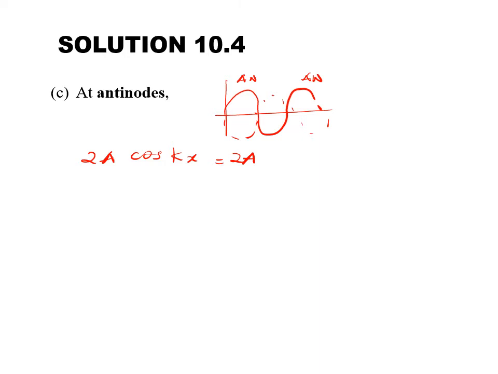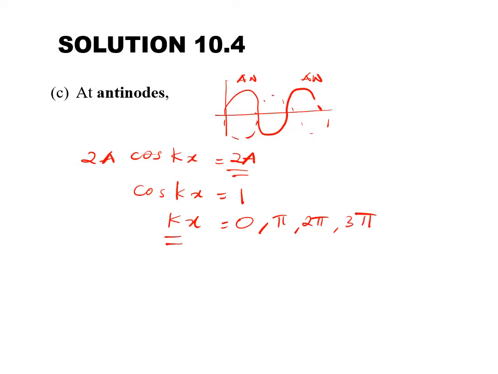This shows the maximum amplitude. Cos kx, we rearrange this equation, equals 1. Kx equals shift cos 1, which must be 0, pi plus pi, 2 pi plus pi, you get 3 pi.